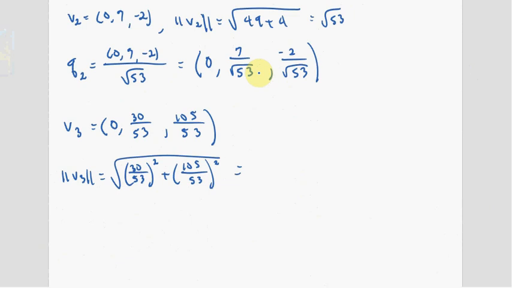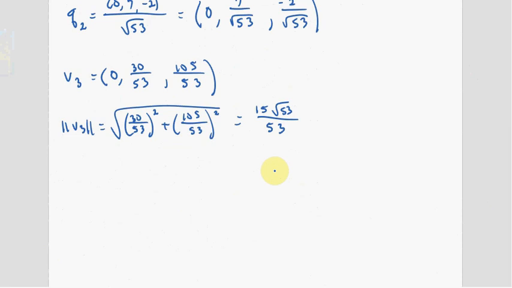So we use a calculator. 15 times the square root of 53 all over 53. My graphic calculator just gave me that directly. Yep. So we need what?